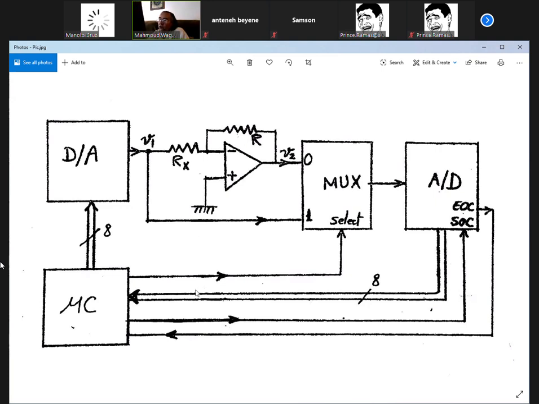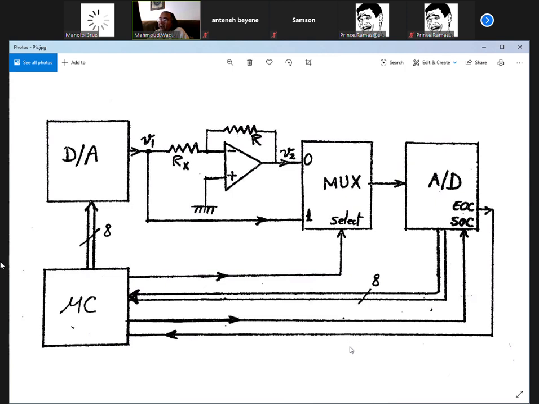So can't you consider this to be a resistance meter? Yes, it is a resistance meter. It measures resistors.